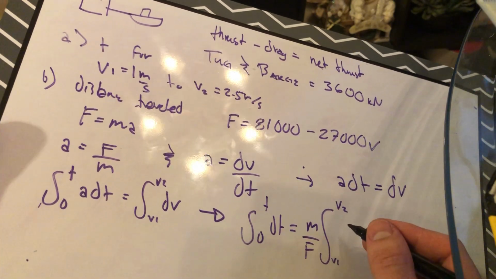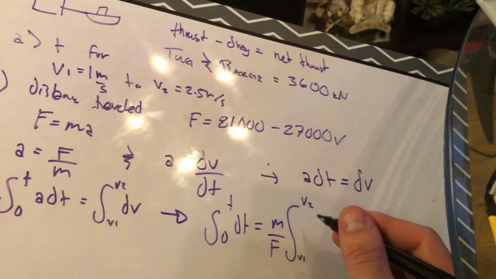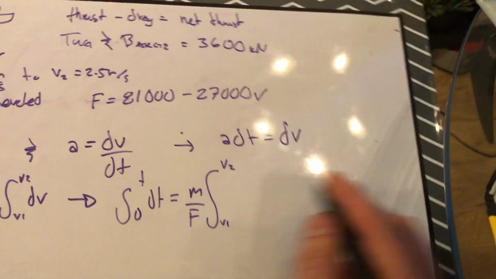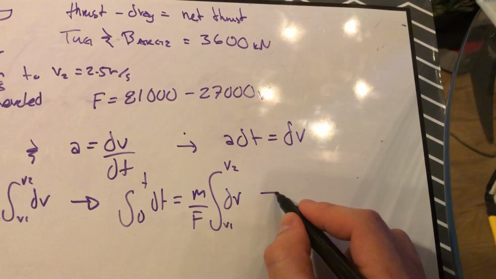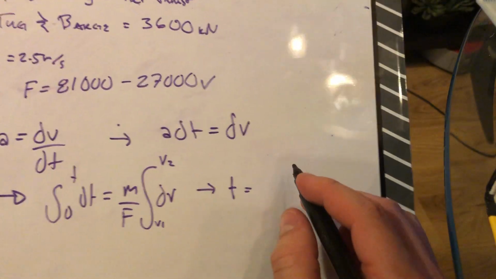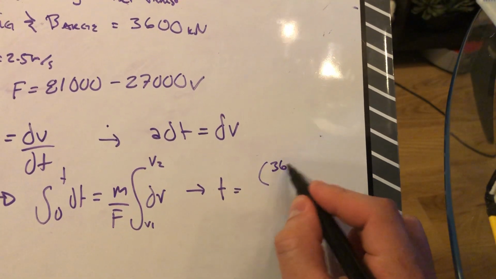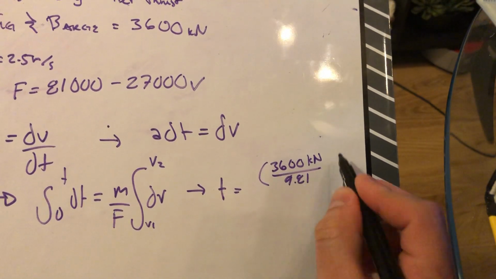And when we sub in our components, we know that it is going to be a mass. So that is going to give us a t term on the left that is going to equal 3,600 kilonewtons over 9.81.